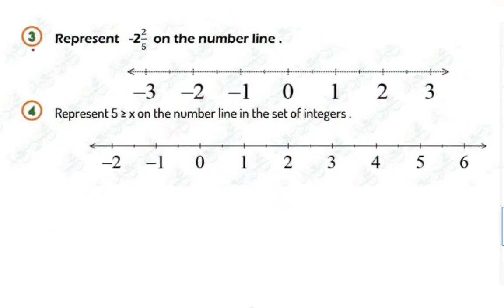Let's go. Question number 3. Represent -2 and 2/5 on the number line. This is the positive direction, and here we have the negative direction.